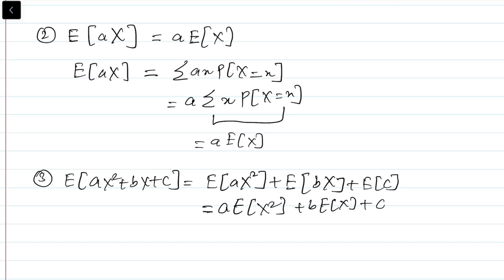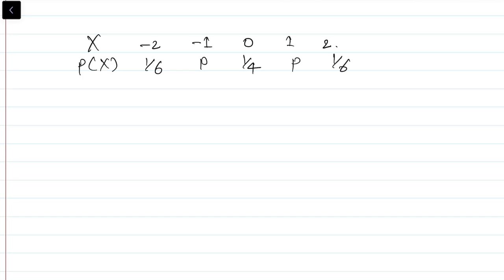Now let's do one example. So suppose a random variable x has some probability distribution. Suppose the points are -2, -1, 0, 1 and 2, and probabilities are 1/6, p, 1/4, again p, and 1/6. Now you are asked to calculate the expectation of x of this random variable.